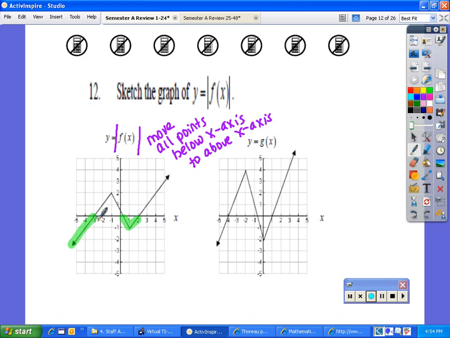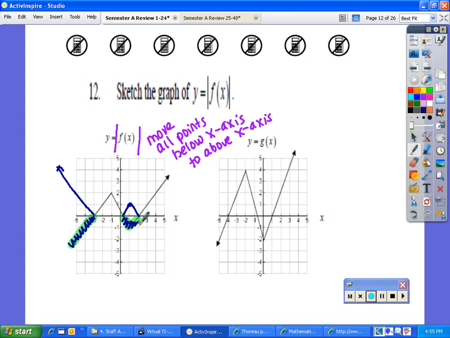So we're just going to move this. It looks like it goes down 1 over 1, down 1 over 1, so we're just going to now go up here. So we've eliminated this part. And then we're going to do the same thing here. It went down to -1, so we're just going to go up to +1. So that's our new graph.